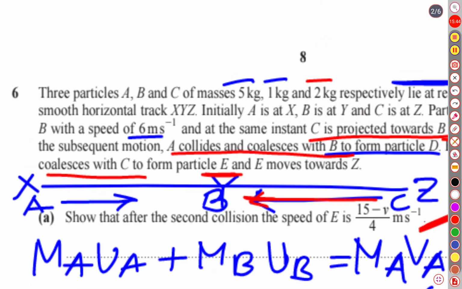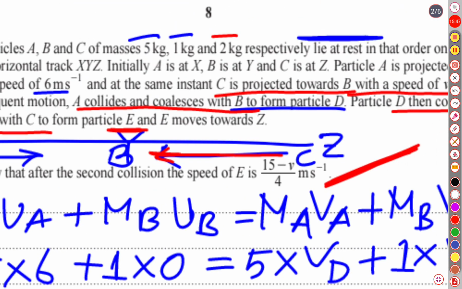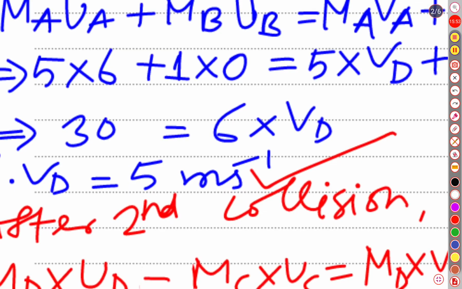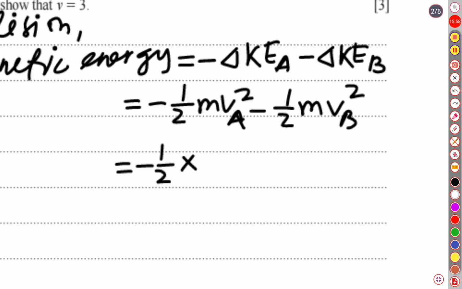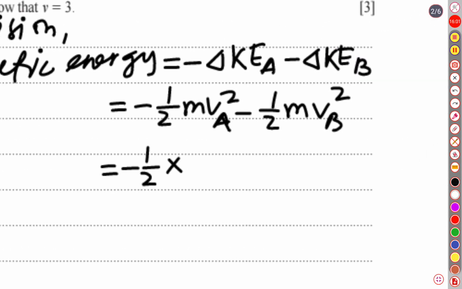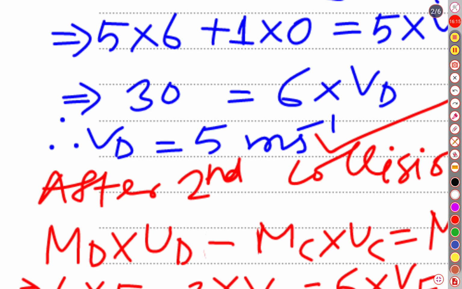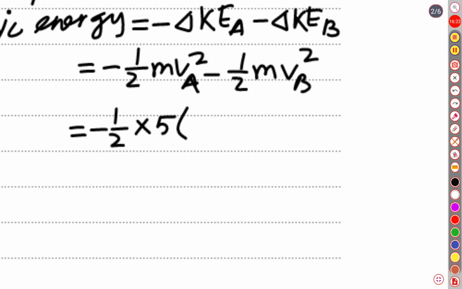The initial velocity of B was 0 because it was at rest, and the final velocity of particle B after the first collision is the same, 5. So we write the mass of particle A, 5, and the final velocity of particle A after the first collision, which is 5 meter per second, the common velocity after the first collision.